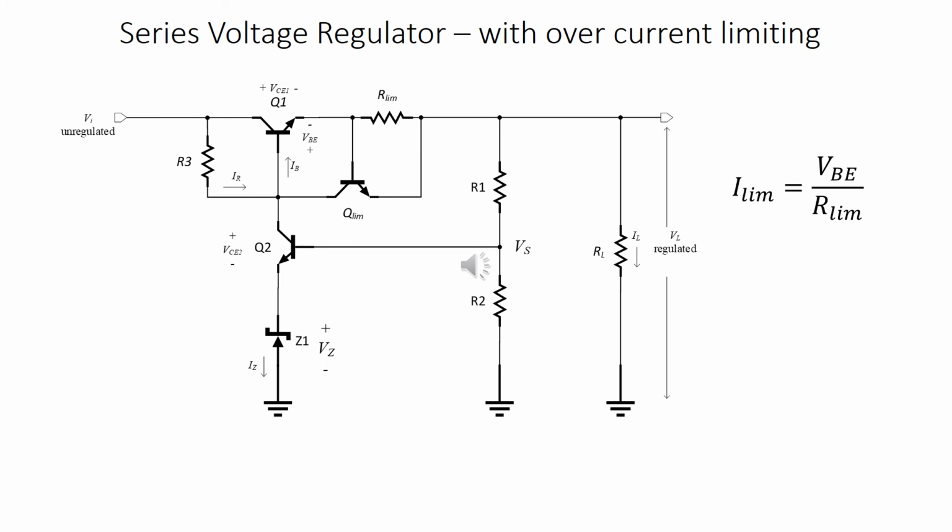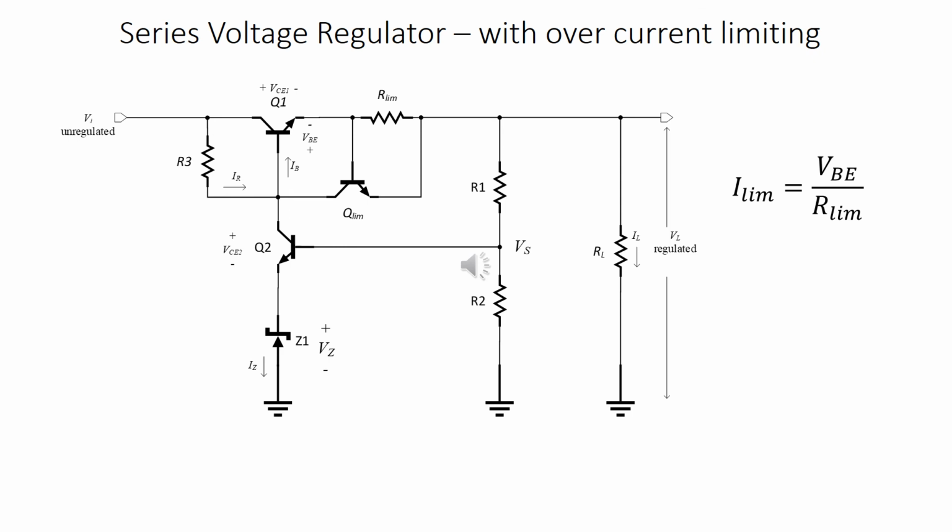The modification that we do here is we add an R limit in series with the load current. We add an additional BJT. The base and emitter are connected on either ends of R limit. What happens here is when the load current increases beyond a certain limit, the voltage across R limit exceeds VBE of Q limit.